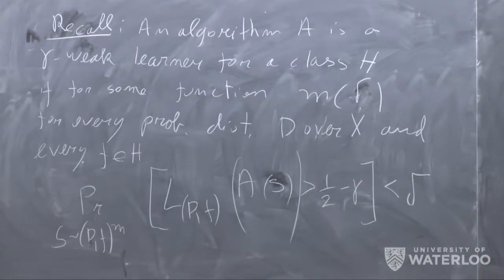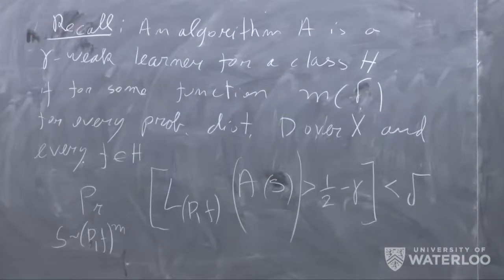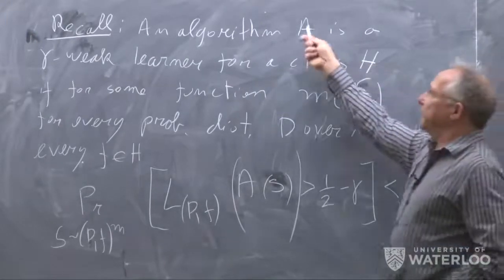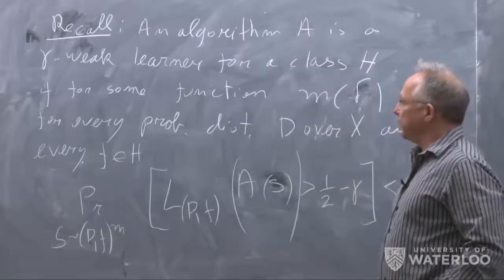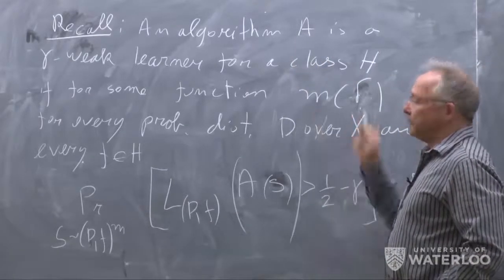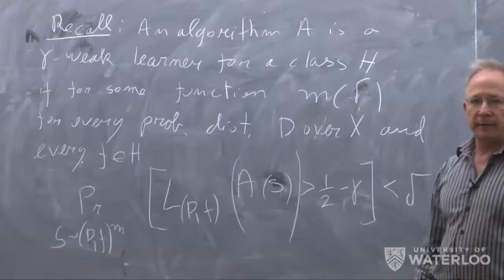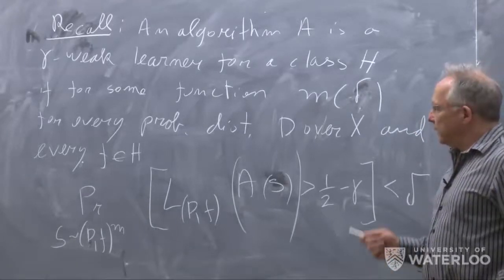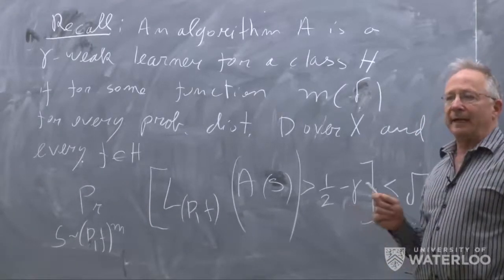So let's go over the definition and make sure that we all understand what it is saying. We have a fixed learning algorithm; it will be learnable if there is such an algorithm. And we have sample complexity that depends only on the parameter delta. Now we are back to the realizable case. Most of the time we were talking about the agnostic case, but now we are back to the realizable case.